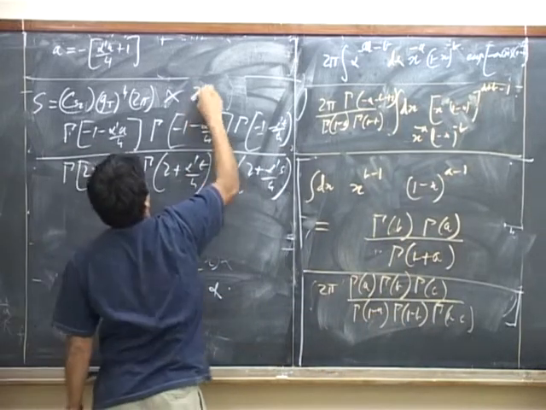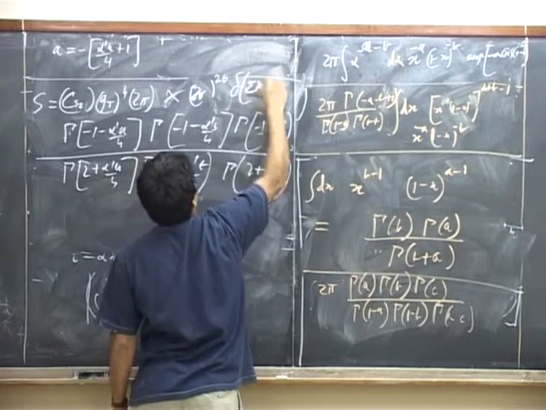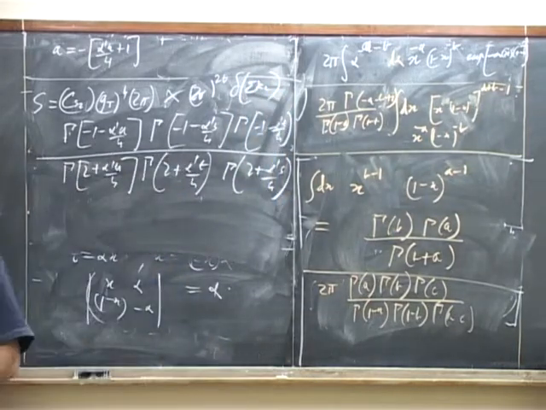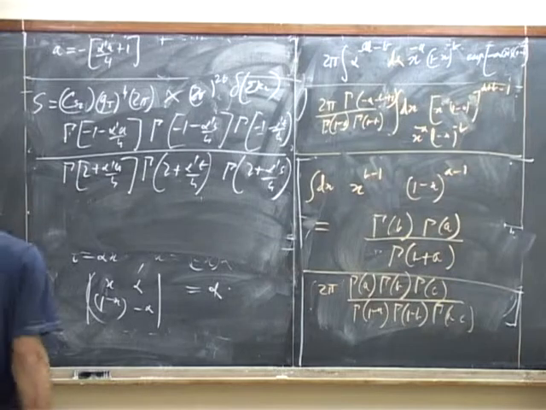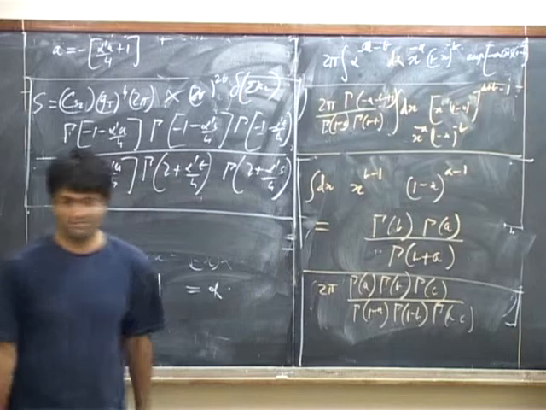Okay, into 2 pi to the power 26 times the delta function of the sum over omega. Okay, so that's our final formula. This is the S matrix for the scattering of four tachyons.